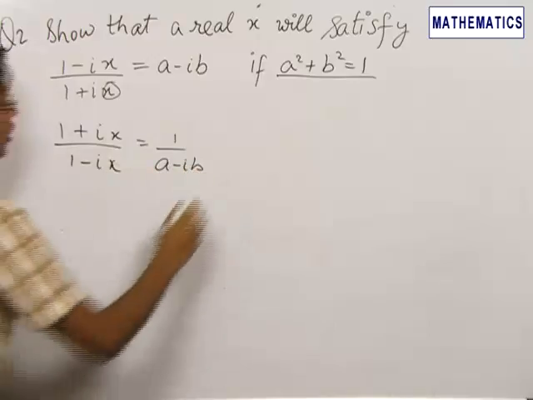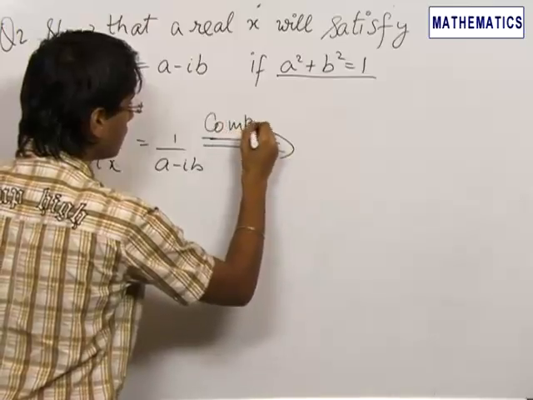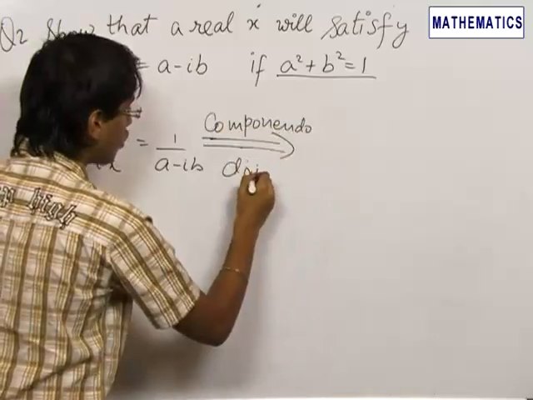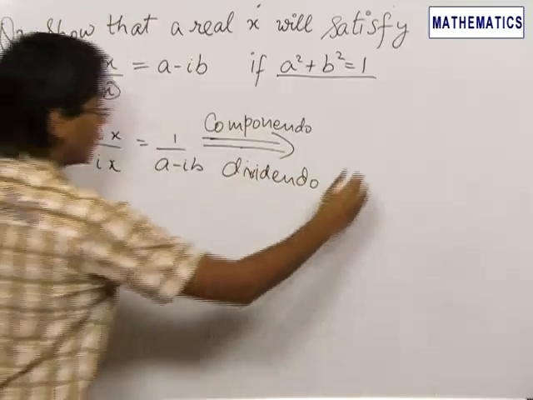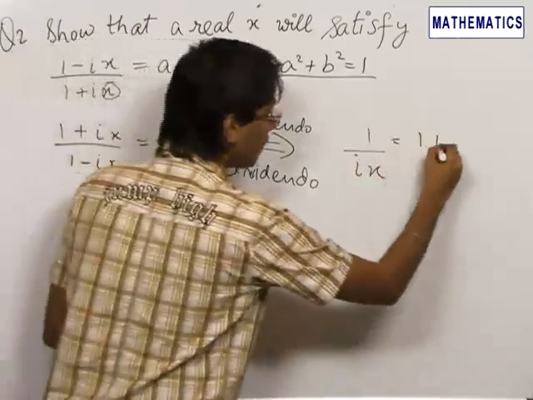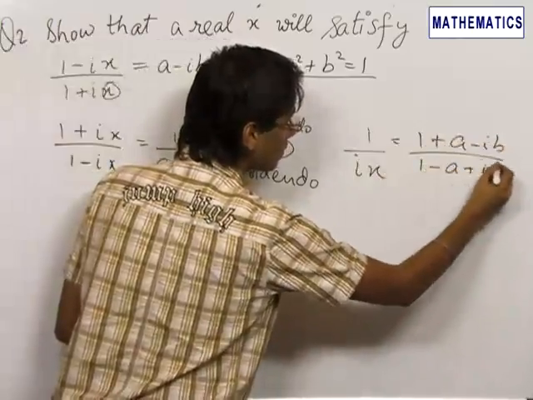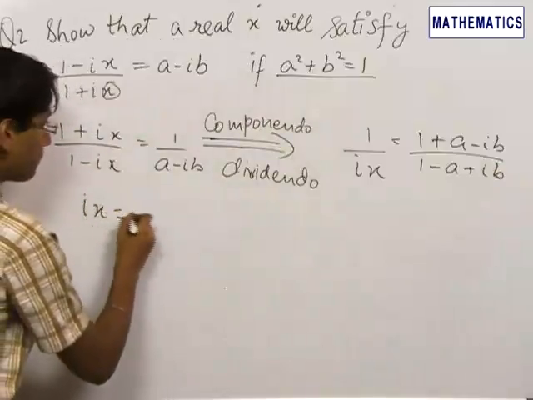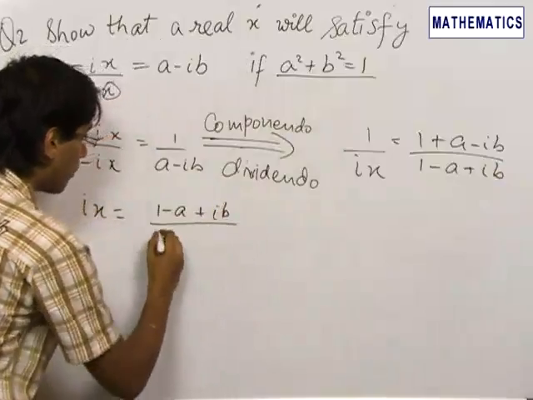On applying componendo dividendo, we get 1/(ix) = (1 + a - ib)/(1 - a + ib). So ix will become (1 - a + ib)/(1 + a - ib).